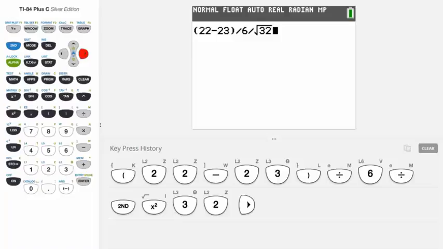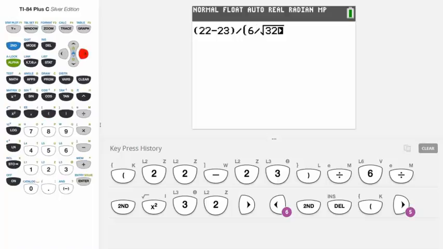I've forgotten my parenthesis, so I'm going to arrow to my left. When I'm over the 6, second insert, open parenthesis, then I'm just going to arrow to the very end of my square root 32, close parenthesis. I want to make sure the last parenthesis isn't a part of the square root.